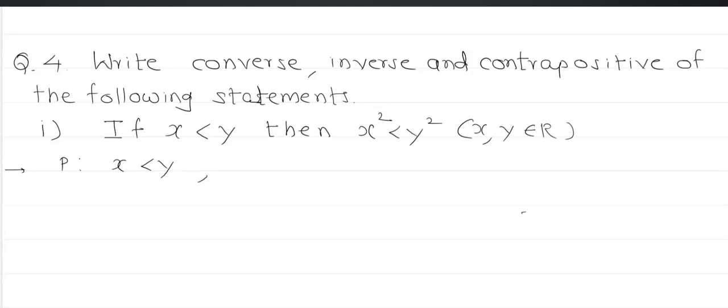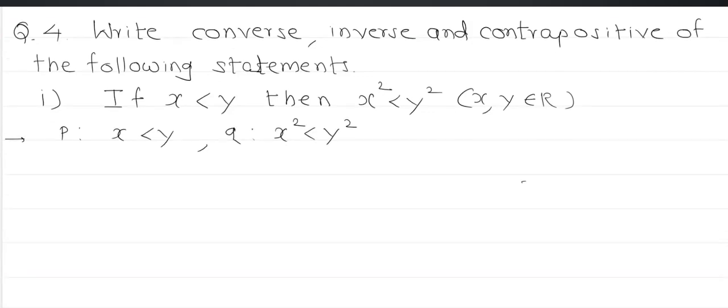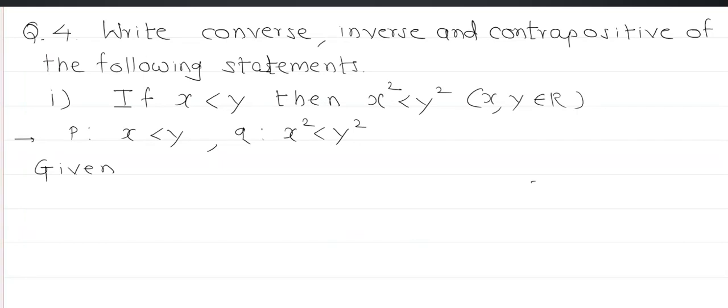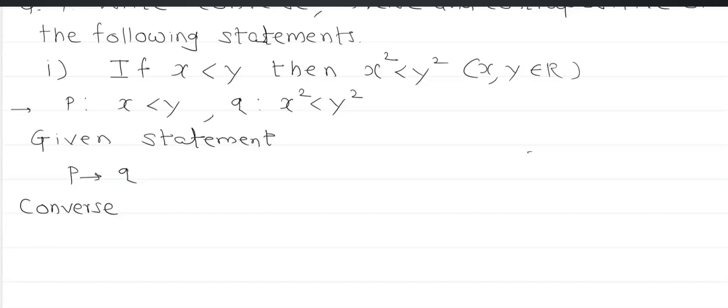Now P is x is less than y and Q is x square is less than y square. The given statement is P implies Q. Then what is its converse?